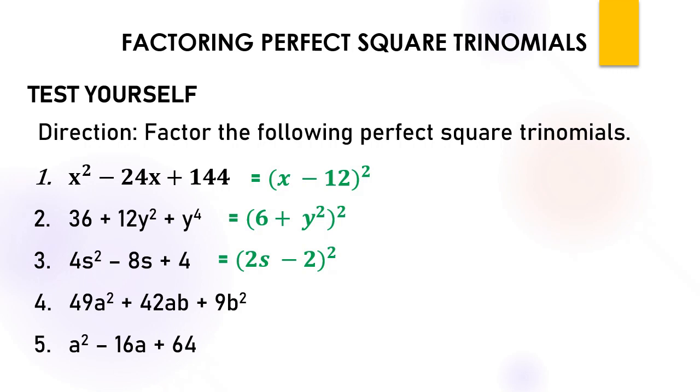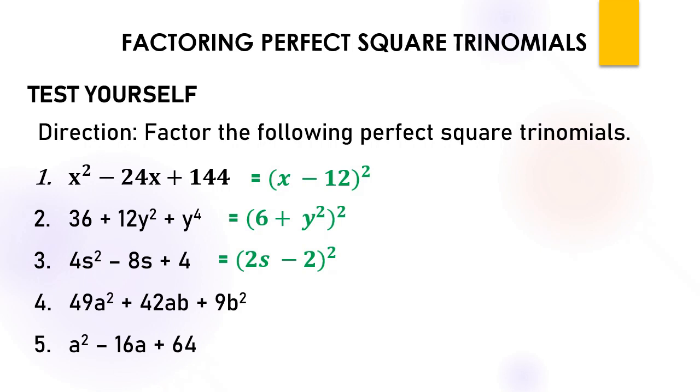So multiply the square roots of the first and the last term, that is 7a times 3b, will give us 21ab. And twice of that, you just multiply 21ab by 2. It will give us the middle term, which is 42ab. So therefore, this whole expression is a perfect square trinomial.